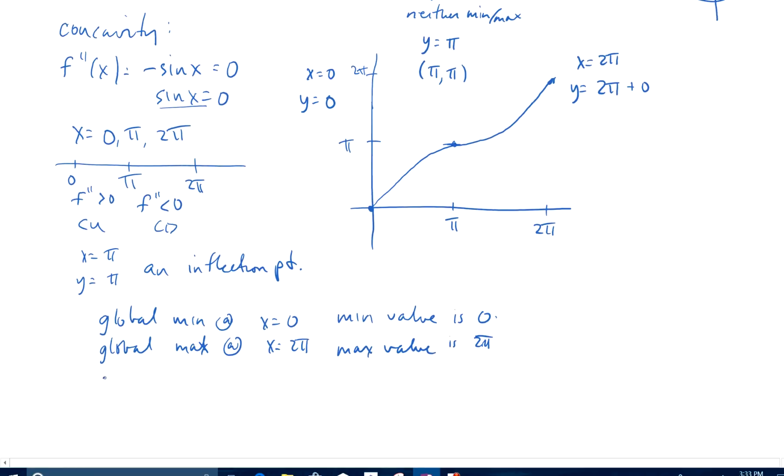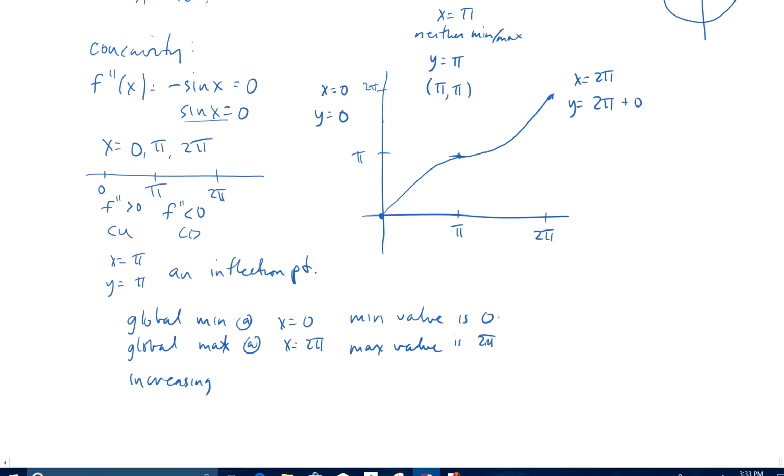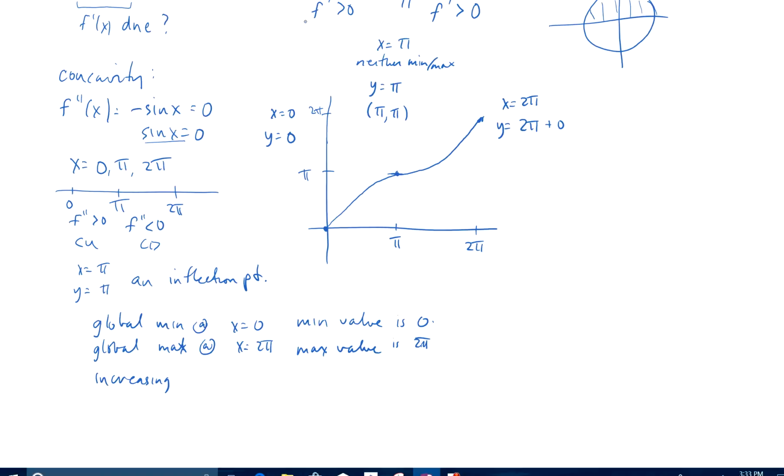Okay, it's increasing when the first derivative is positive, right? Here and here, but not at pi. It's not increasing at that instant. So it's increasing on the interval from 0 to pi. Now, the question is, is it increasing at that point? Well, it's not flat there, so we're going to go with 0 to pi.